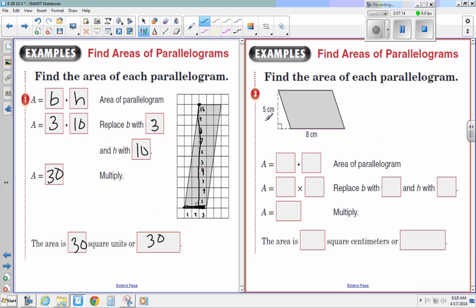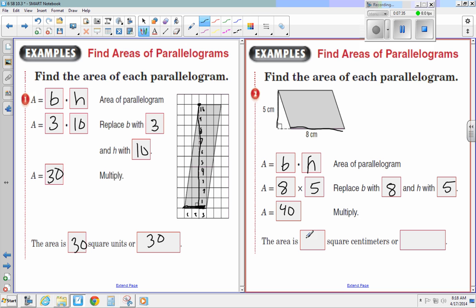Find the area of each parallelogram. All right, again, area formula. Base times height. The base is 8. The height, it tells us, is 5. So we plug those numbers in there. 8 times 5 is 40.